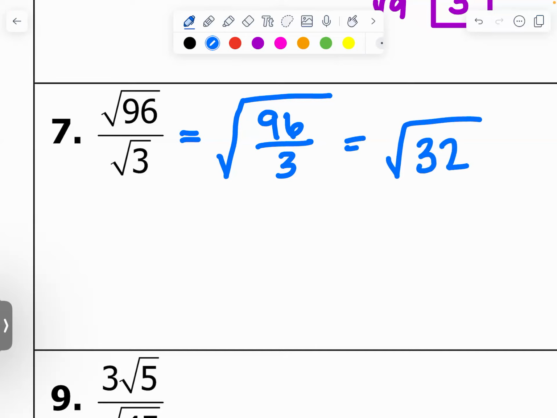The square root of 32, does it have a perfect square? Yes.